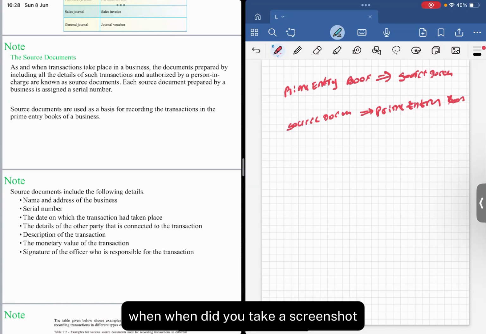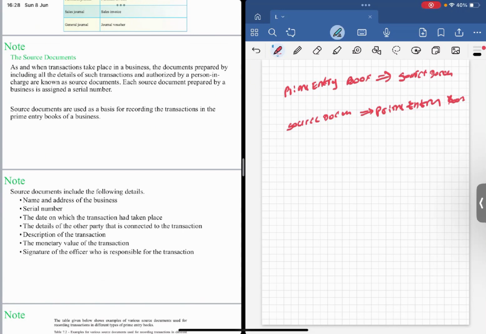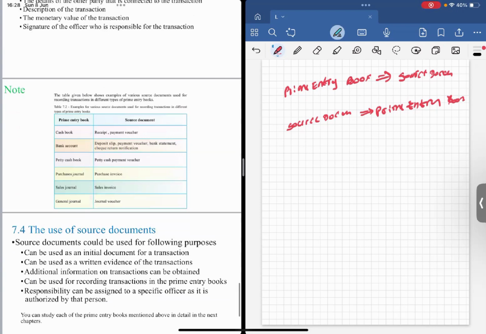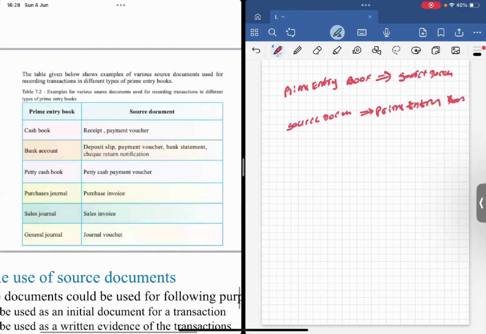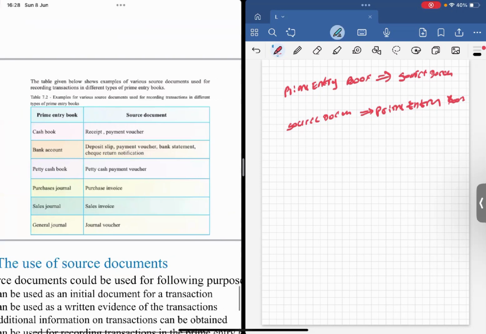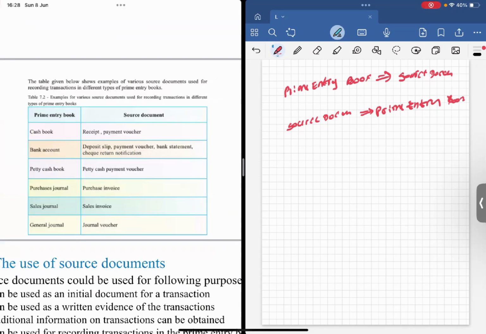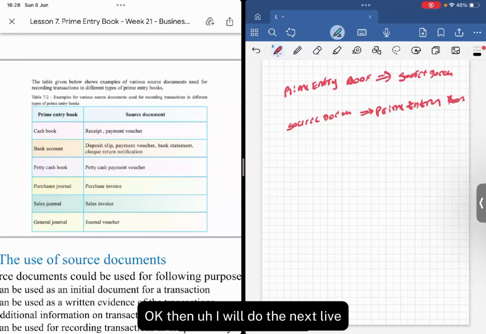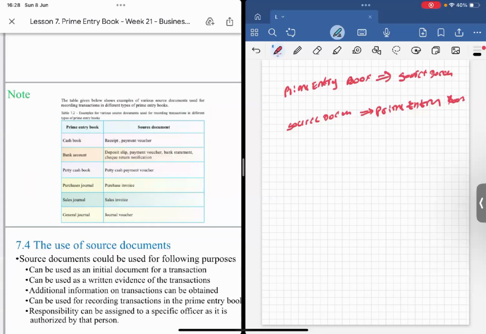Did you take a screenshot? Yes, sir. Then take a screenshot of this as well. Did you take the screenshot? Yes, sir. Okay. Then I will do the next slide.